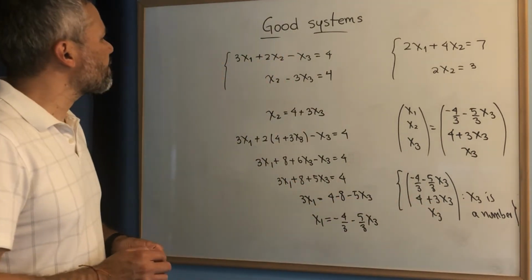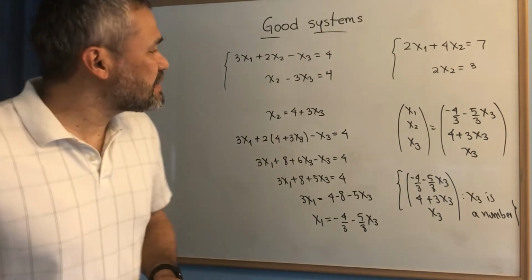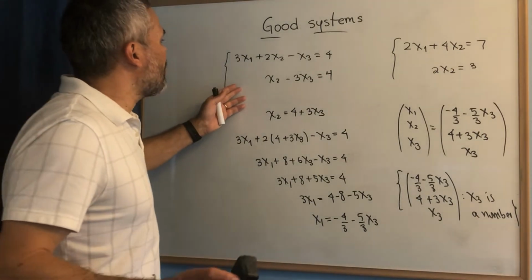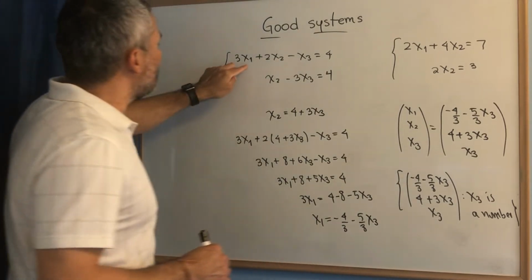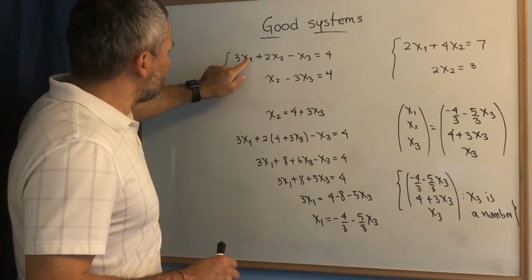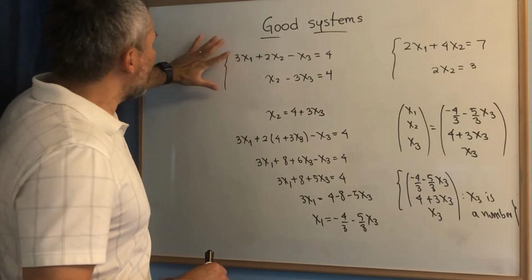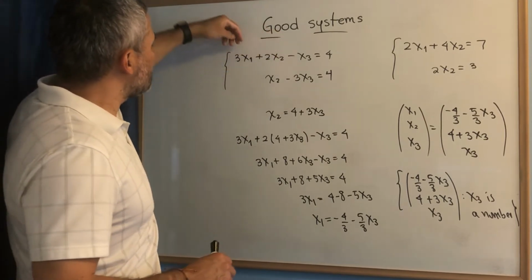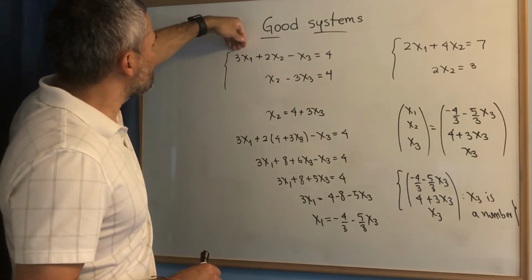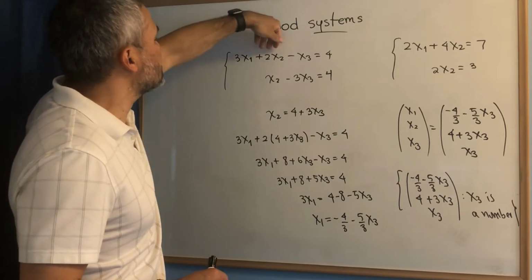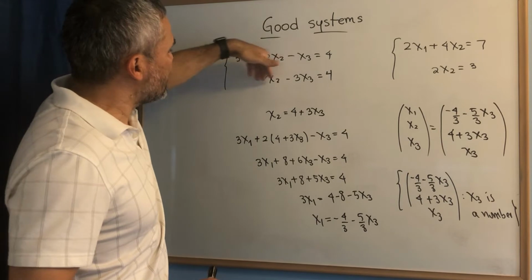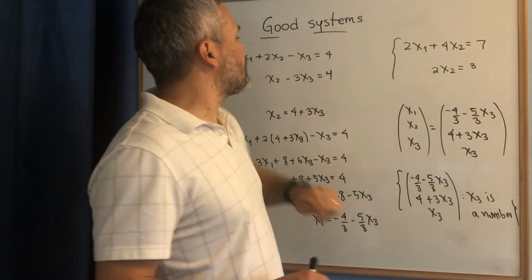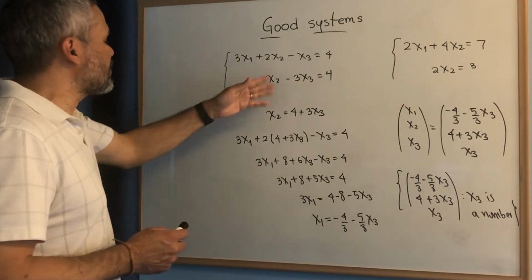Then let's see what these systems have in common. We notice that for these two systems, if we label the variables like x1, x2, x3, and we make sure that each equation is ordered like the first term that shows up is x1, the second one is x2, they are ordered in an increasing way, right? Every equation is ordered in an increasing way.